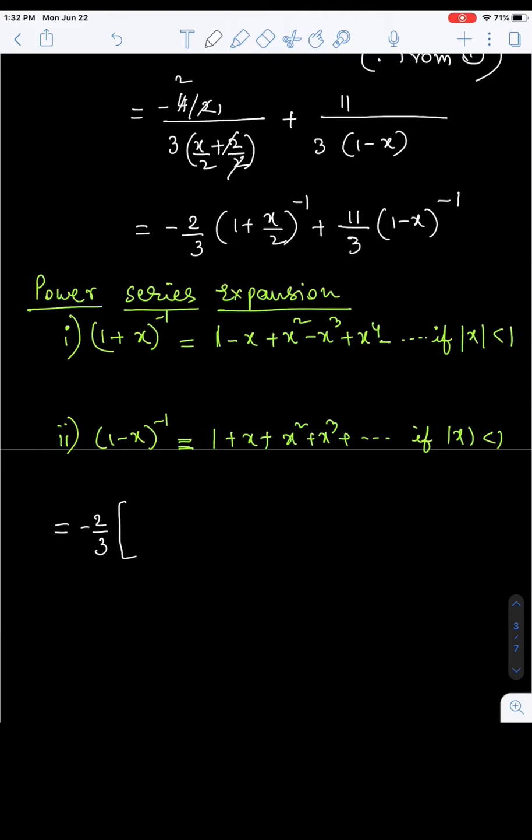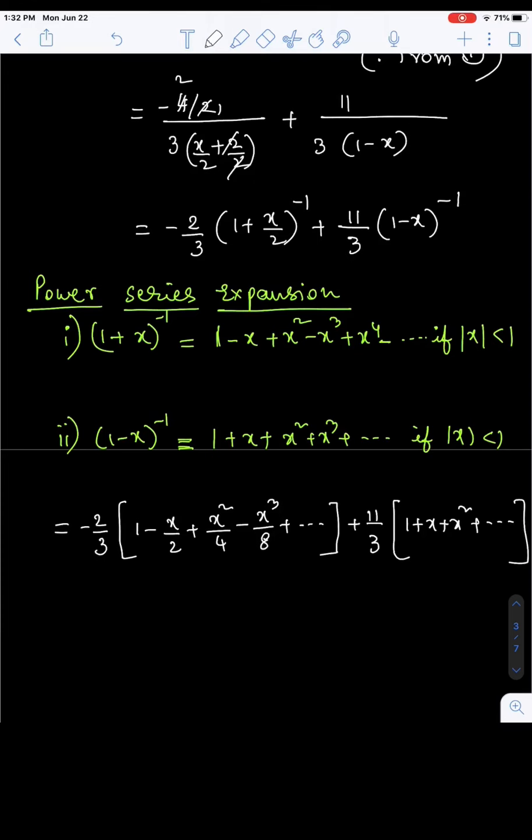Put the square bracket here and I start writing by taking 1 minus x by 2 plus x square by 4 minus x cube by 8 plus so on. Plus 11 by 3 square bracket, 1 plus x square plus so on. One more term is taken, up to cube we should take, because we have to get the coefficient of x cube here, plus so on.